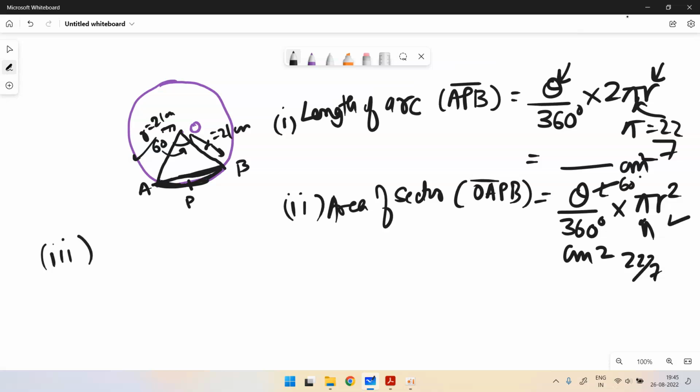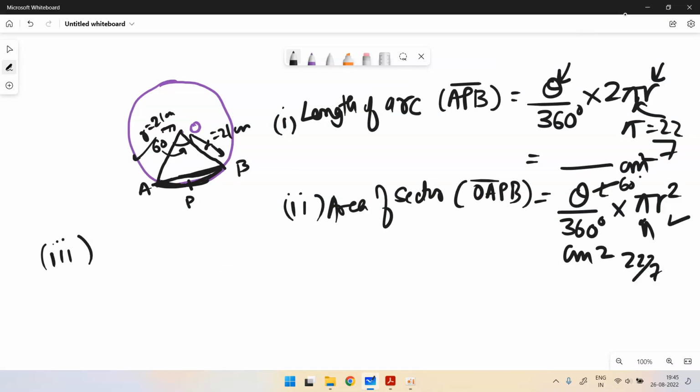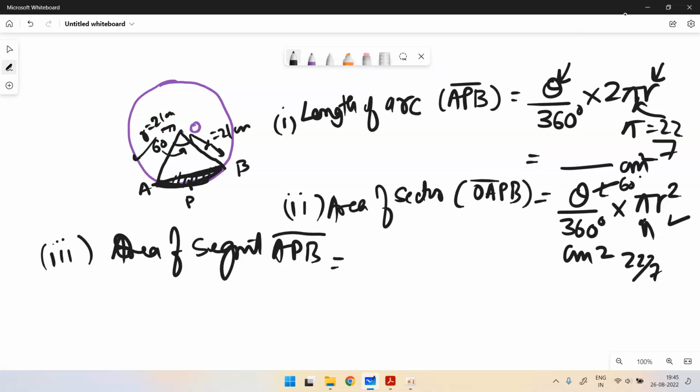Third, the area of the segment formed by the corresponding chord. The area of the segment APB is the area of this whole sector, theta by 360 degree into pi r square, which I have already calculated, minus the area of this triangle.